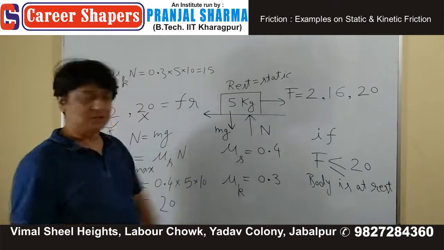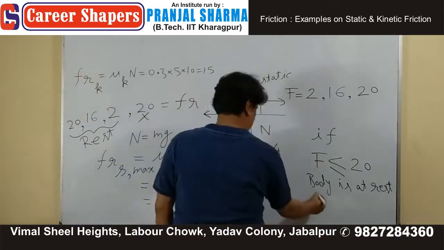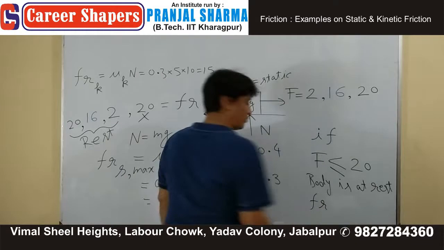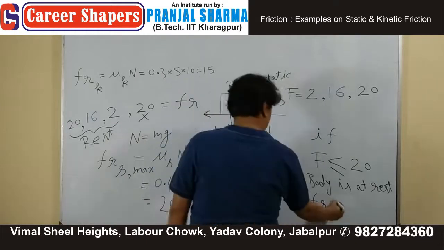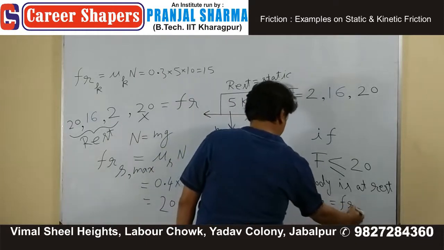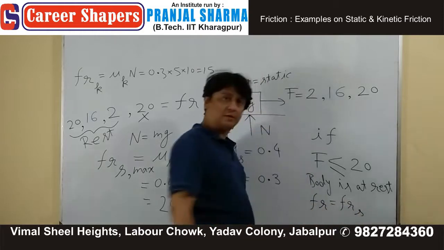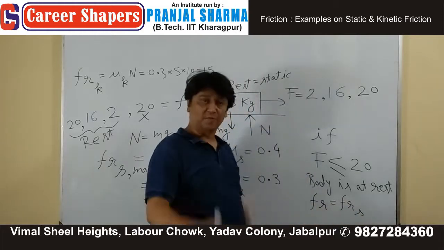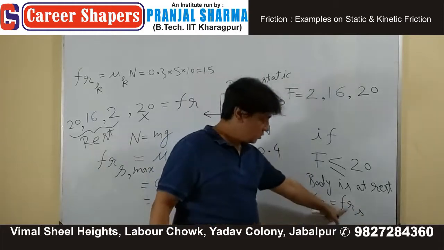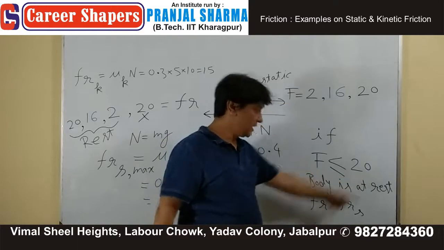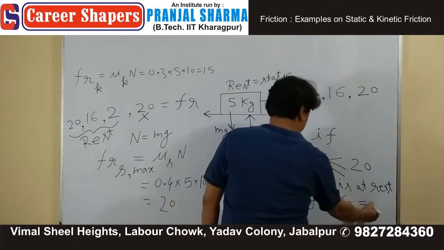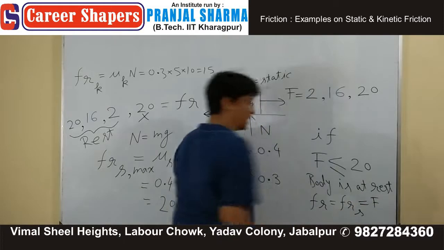And since body is at rest, friction, which has a name, Fr static, will not write maximum. Friction, we'll call it Fr static because body is at rest, is equal to F only.